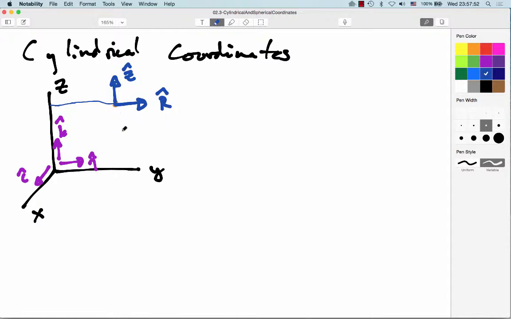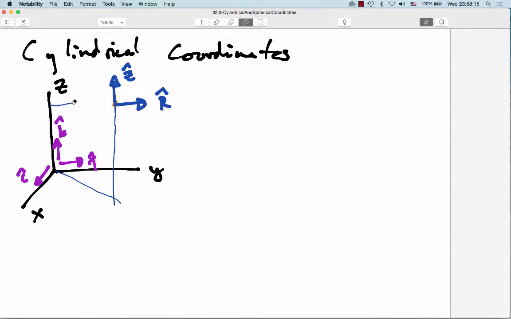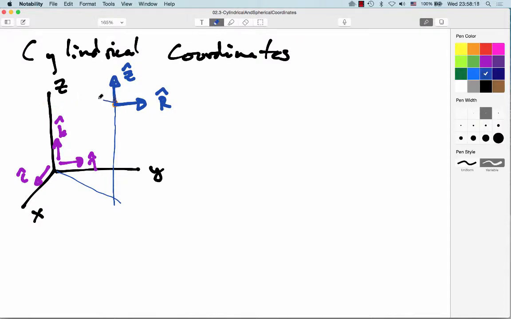And then we need one to complete the triad. Now the way we can take that along is if I drop this down to the xy plane, then this distance here is my capital R, and this angle here off the x-axis is phi.